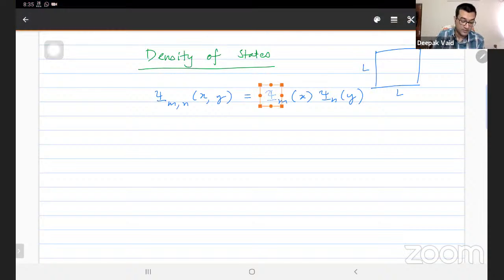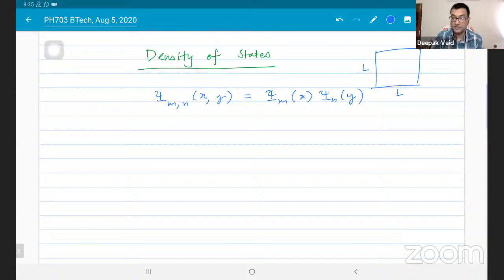That's why I'm calling this psi and psi. This is the same function. If you have unequal length, then you can put psi of x and psi of y, but it's not going to change anything. And psi of m x is root of 2 by L sine m pi x by L. Same thing for the other direction.